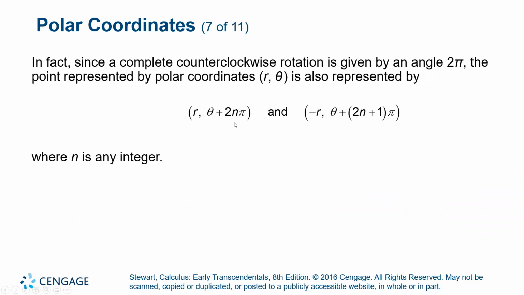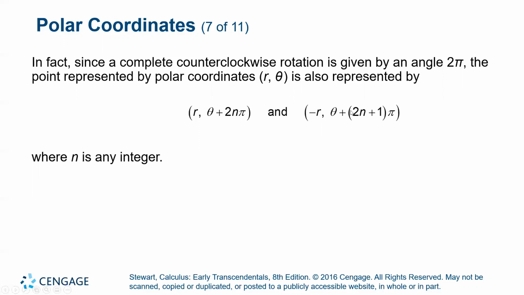Now, this is the generic version. A point r, theta, can be represented by an infinite number of representations as written here. So if you go multiples of 2 pi away from theta, you will always end up at the same angle. Hopefully that sounds a little bit familiar from trigonometry.